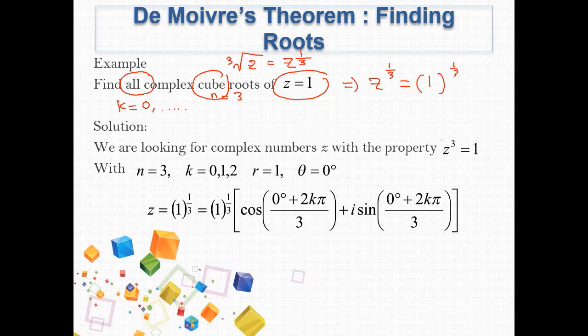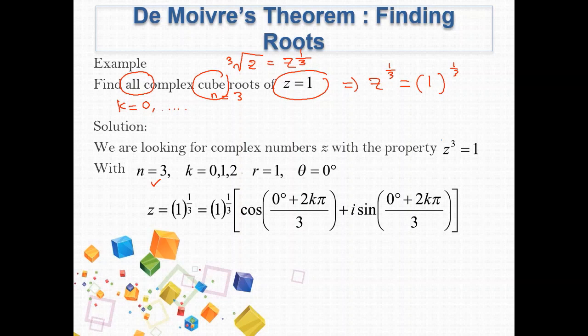You need to determine this first, and once you know your n, you know where to stop your k. So k will start from 0 up to n minus 1. So n minus 1 is 2, which means here k is 0, 1, 2. Stop. So you have 3 roots here.